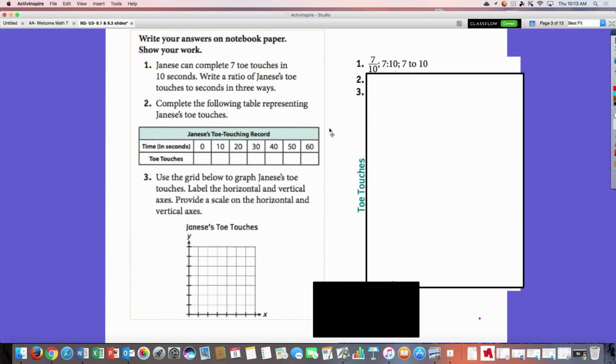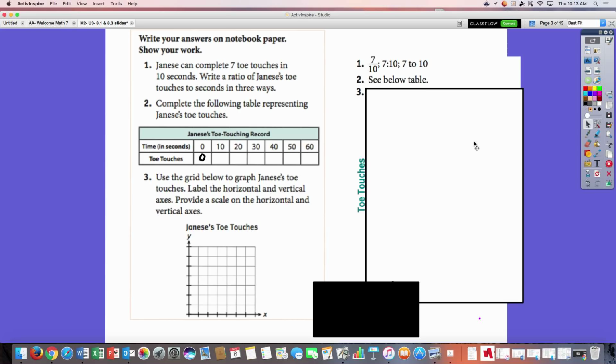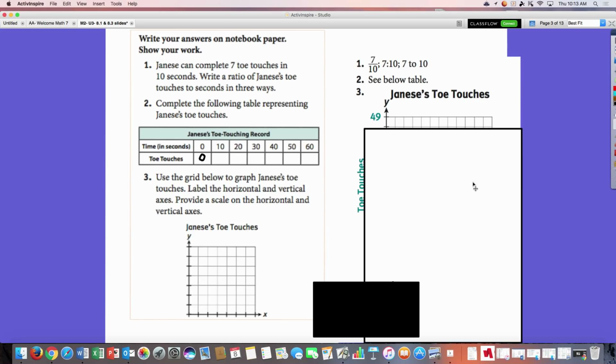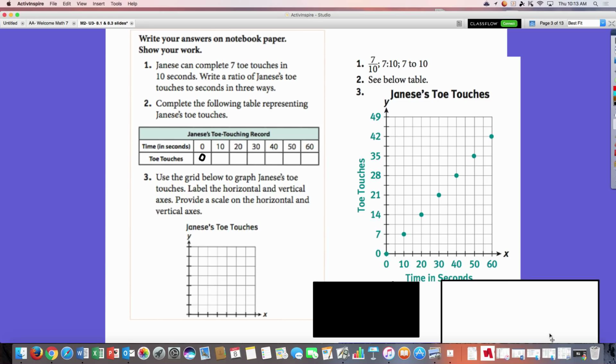So let's complete the following table representing her toe touches. Well, in 0 seconds, she can do 0 toe touches, right? And in 10 seconds, she can do how many toe touches? You got it. Here's her toe touches. I've already plotted those for you. In 10 seconds, she can do 7, which is what they told us.